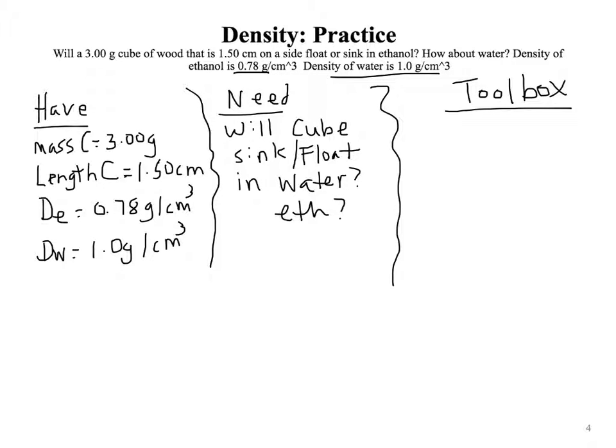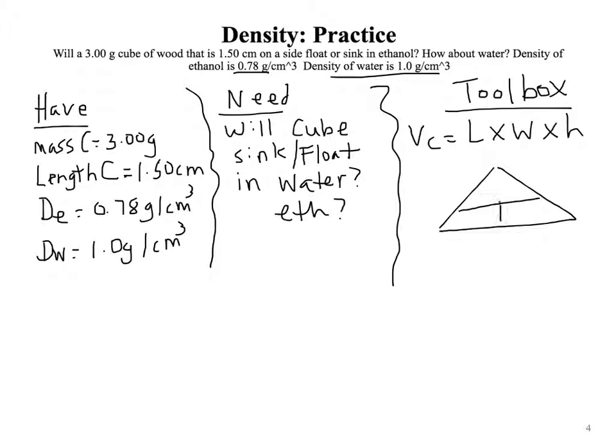In my toolbox, I know that the volume of a cube is length times width times height. And I know that my density triangle will come in handy. Density is mass over volume. And I also know some key information.